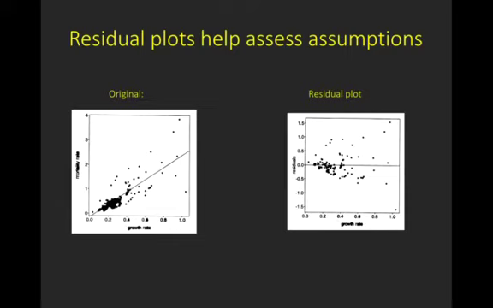this is how you can use a residual plot to understand your data. This is our regression right here. We're asking, does a change in growth rate predict a change in mortality rate? And what we see is yes, as growth rate increases, we also see an increase in mortality.